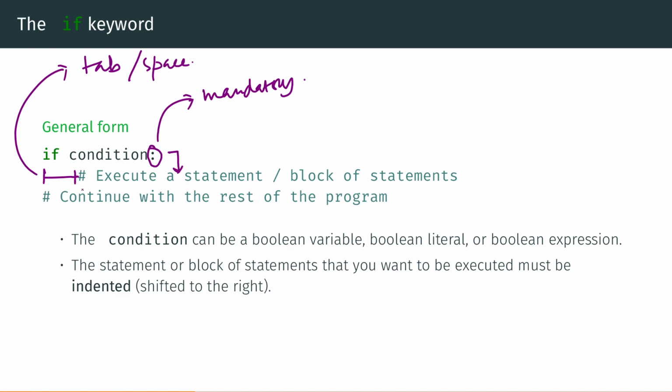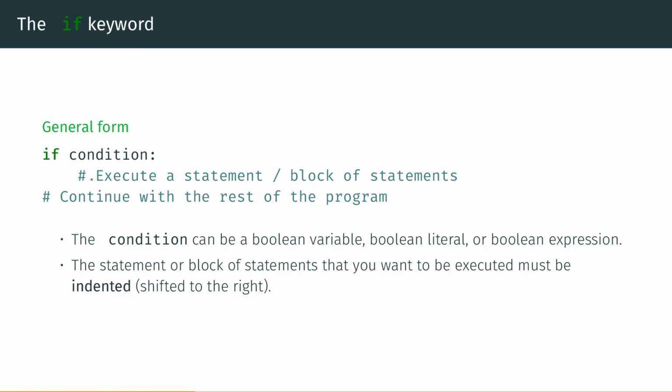In some cases, the IDE, the integrated development environment, will hit the tab for you. But just make sure that there is a space or a tab between the start of the if and where you start the next line. And after that tab, you'll have a statement or a block of statements.